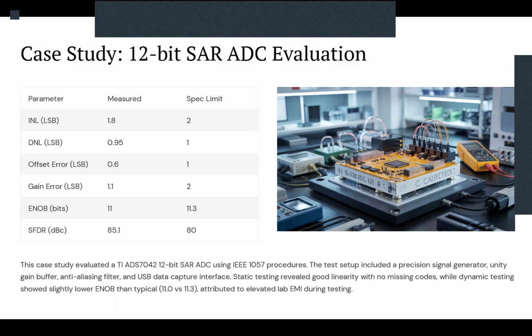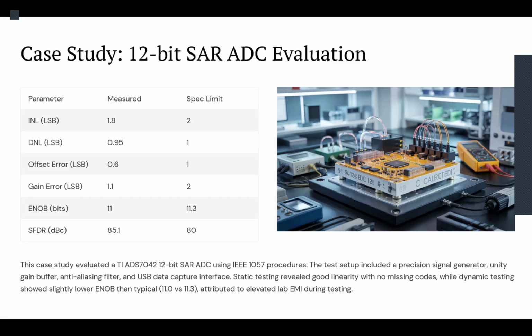The buffer isolates the generator from the ADC loading effect, and the filter ensures the high frequency noise does not alias into the ADC's bandwidth. In static testing, we apply a DC ramp across the full input range, and the output is captured and used to generate a histogram for linearity analysis.